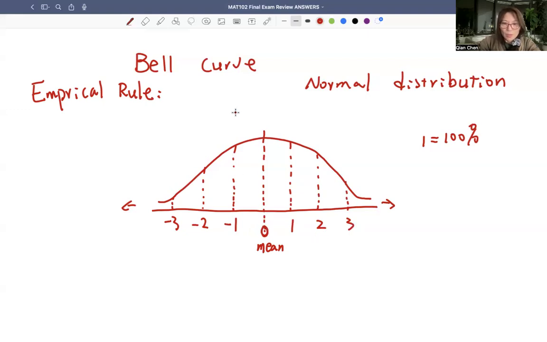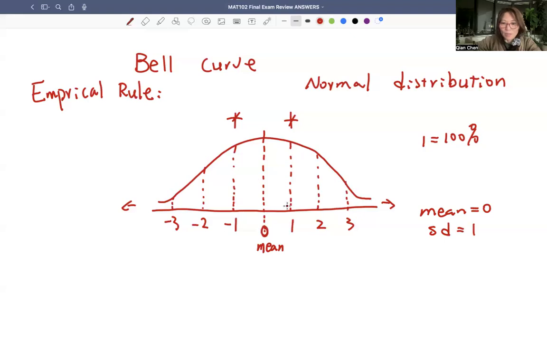So what do we call this? This we call within one standard deviation, from -1 to 1. In this case, the mean value is 0 and the standard deviation equals 1.